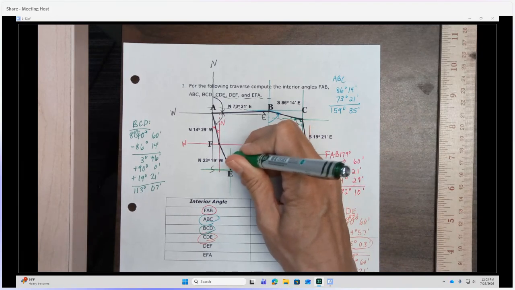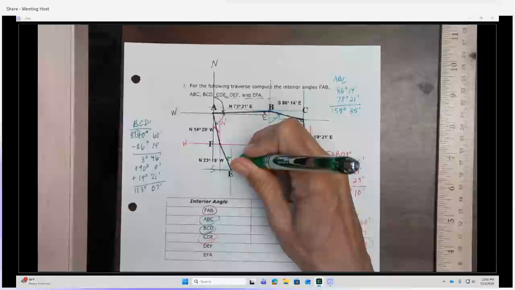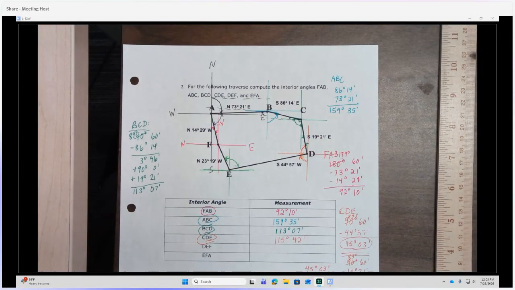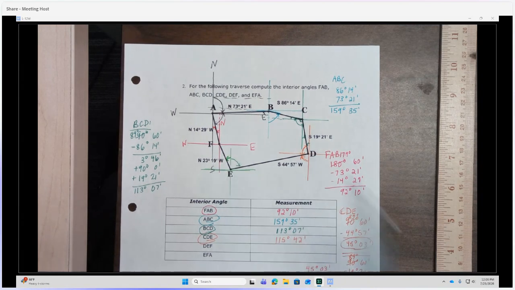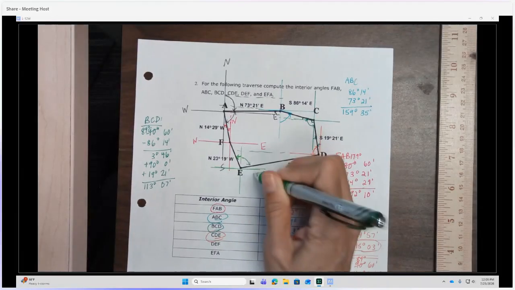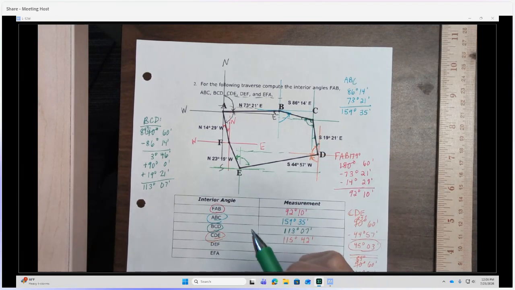So that's the information that I have of this angle, but I also need this part of the angle to get all of E. So I'll take that 23 degrees, 19 minutes west, and then if I complete that rectangle, I can see that these are alternate interior angles, so I'll add that to that 44 degrees, 57 minutes.